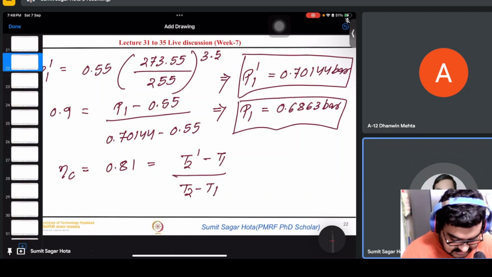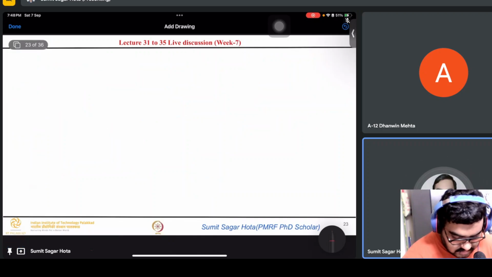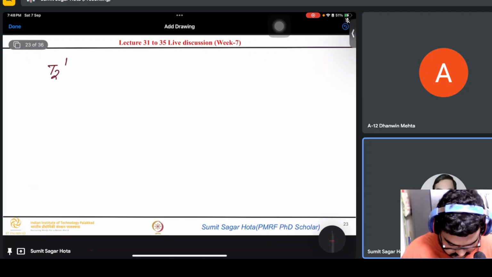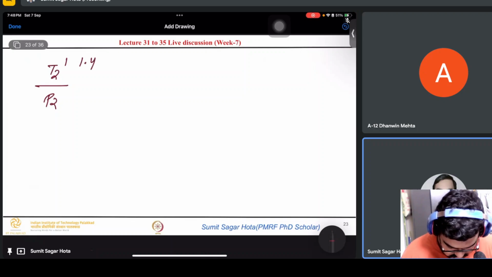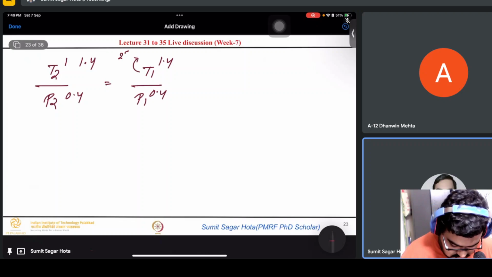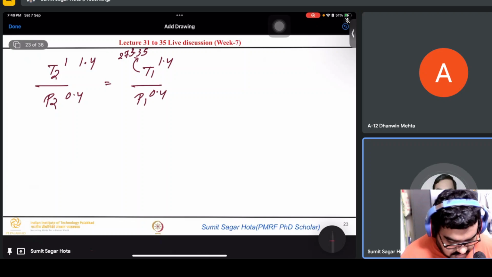So let's apply the isentropic relation for the 1 to 2 process. We know P2 by P1 is 5, it's given in the question. So what will be the T2 dash?